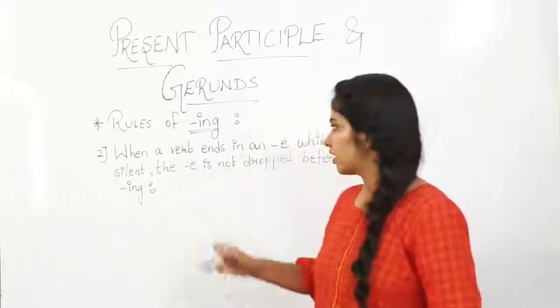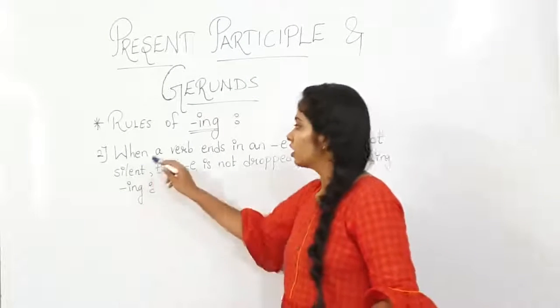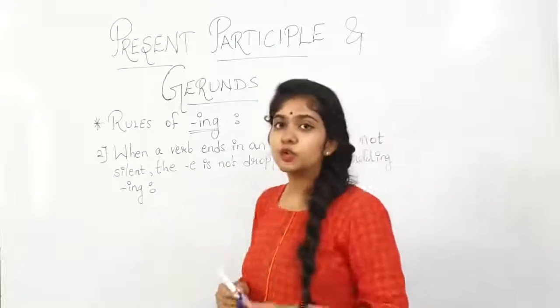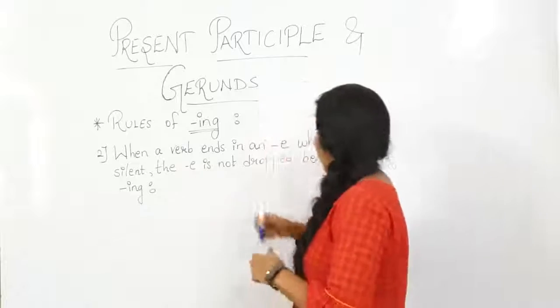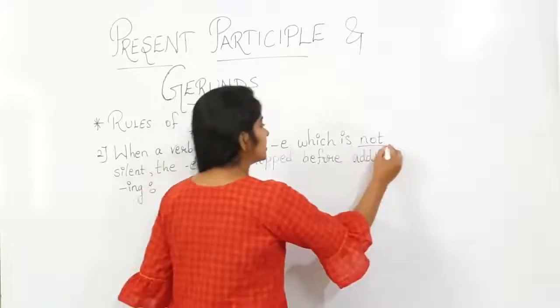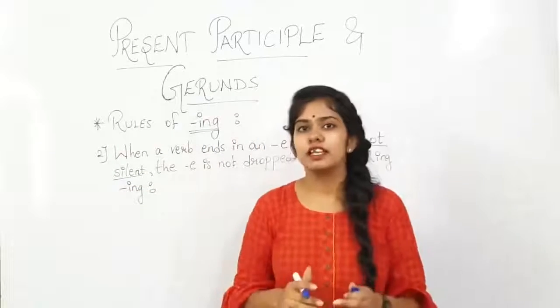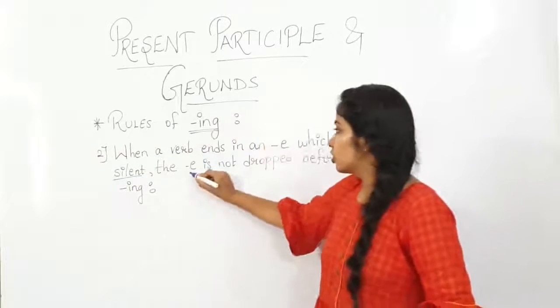Okay, now our second rule, that is when a verb ends in an E, means when the action word ends with E which is not silent, then E is not dropped.